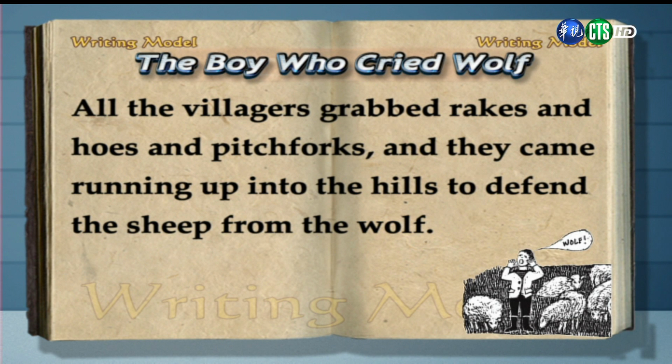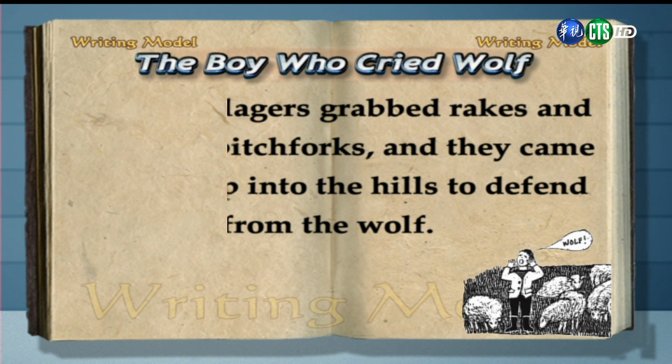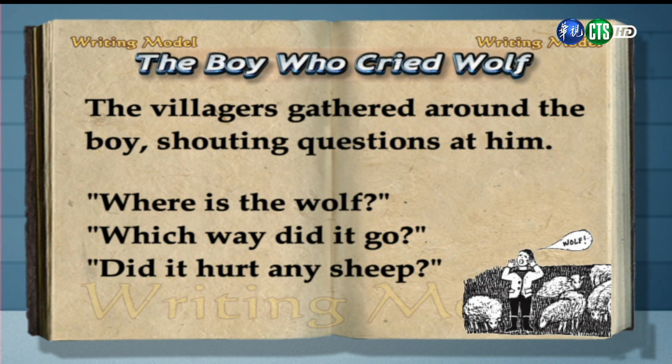All the villagers grabbed rakes and hoes and pitchforks, and they came running up into the hills to defend the sheep from the wolf. 所有的村民听到呼救声，都抓起了草耙、锄刀、干草叉，从山坡上奔跑来，想要保护羊群免于野狼的攻击。 The villagers gathered around the boy, shouting questions at him. "Where's the wolf? Which way did it go?